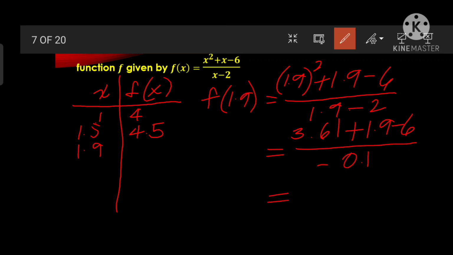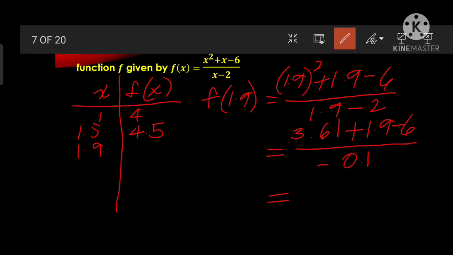So, reminder: when dealing with negative signs, we should be very careful. Let us not forget to always prefix the negative sign whenever the resulting value is negative. Simplifying further, we have 3.61 plus 1.9 minus 6.